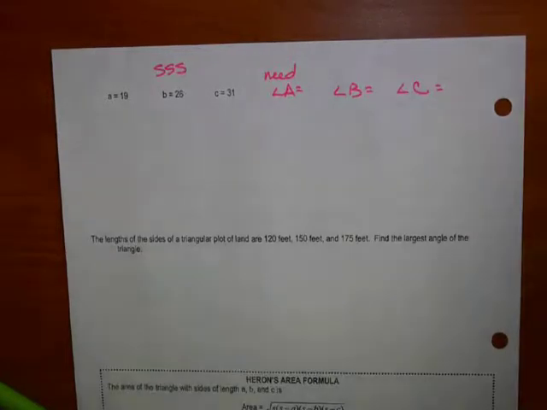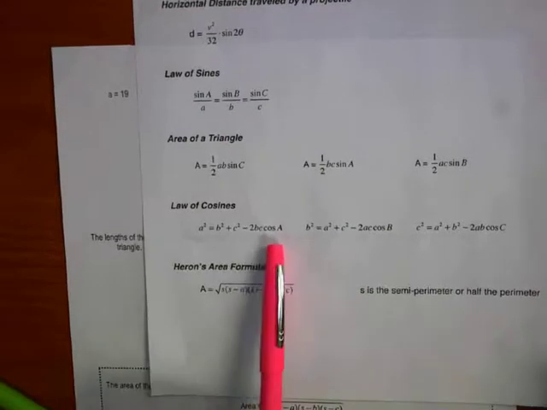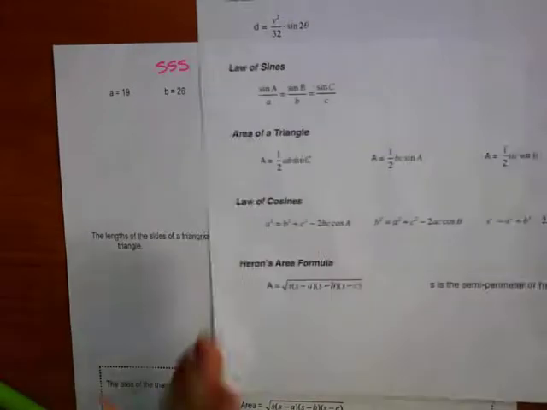If you look at your formula sheet here, it doesn't really matter which one you pick. It doesn't make a difference. I'm just going to do A. I'm going to find angle A first. So let's write that down.